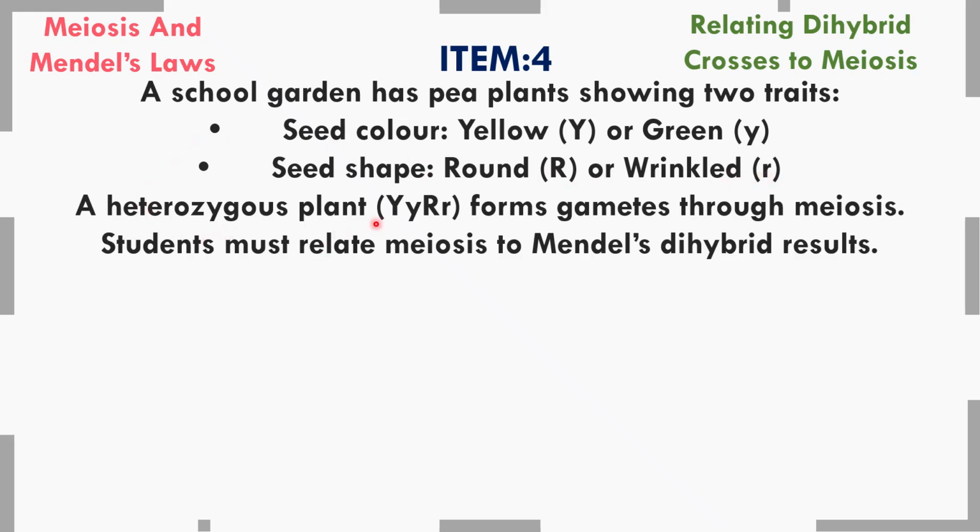A heterozygous plant, YyRr, forms gametes through meiosis. Students must relate meiosis to Mendel's dihybrid results.